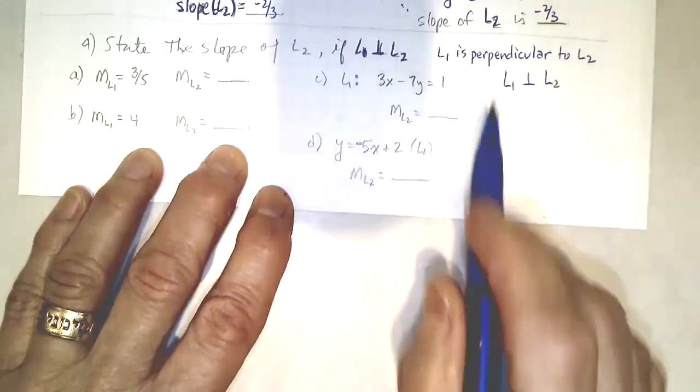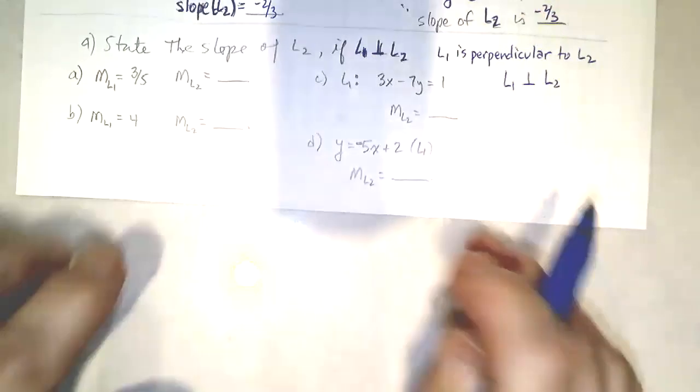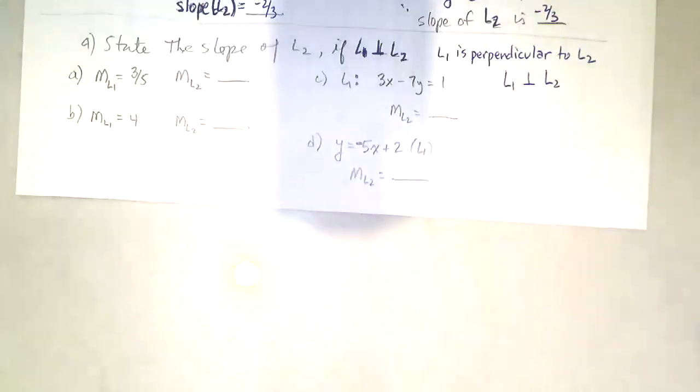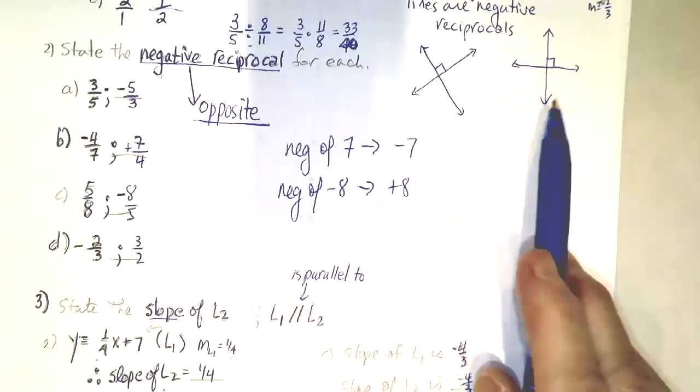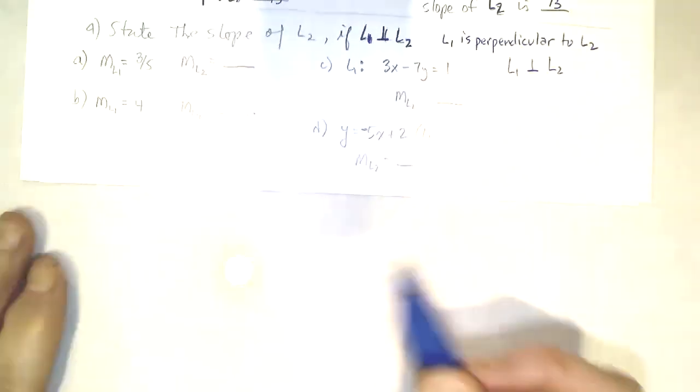So that's what this means. The two lines that we're talking about in these four examples are perpendicular. So remember, if I were to draw a picture, they would make a 90-degree angle somewhat like these lines up here. That's the situation. So if you know one slope, you use it to figure out the other slope.